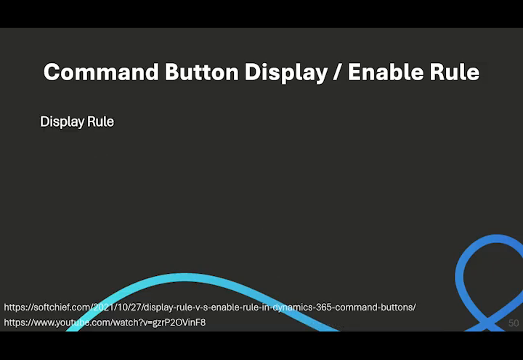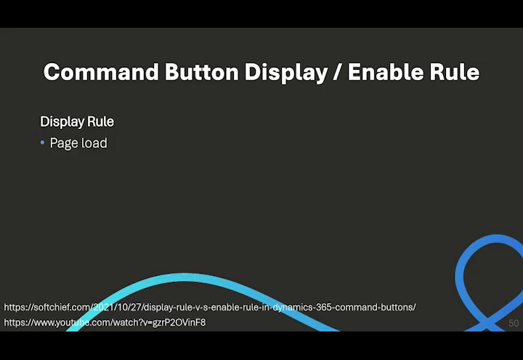But the display rule only happens on the page load, right? So when you navigate to the form, the form loads for the first time and the display rule kicks in. Whatever changes are made in the record once you open it, it will not re-render the display rule.